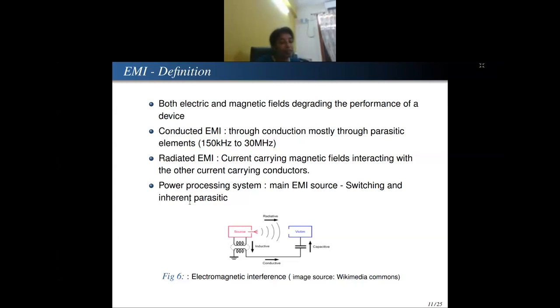Radiated EMI is overlooked, and the only solution which has been offered until now is shielding, providing proper metal shielding so that the conductors don't interact with one another. Whereas conducted EMI in a power system at higher power level is very difficult to deal with because of its uniqueness. It is system dependent. You cannot give a single common solution.